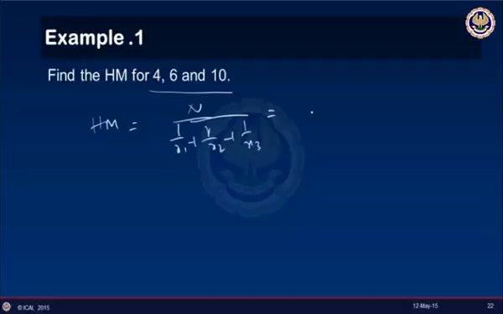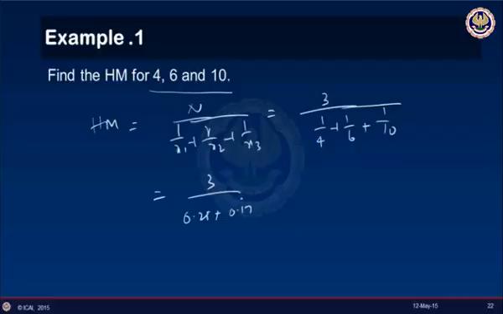Here 3 observations are there, so 3 by 1 by 4 plus 1 by 6 plus 1 by 10. 1 by 4 is 0.25, 1 by 6 is 0.17 and 1 by 10 is 0.10.